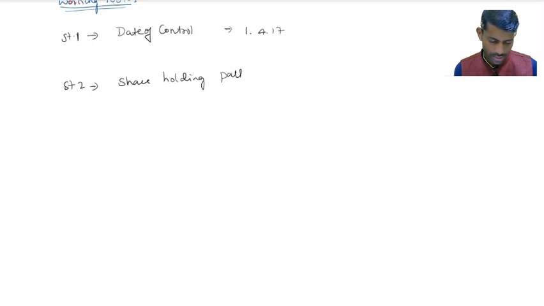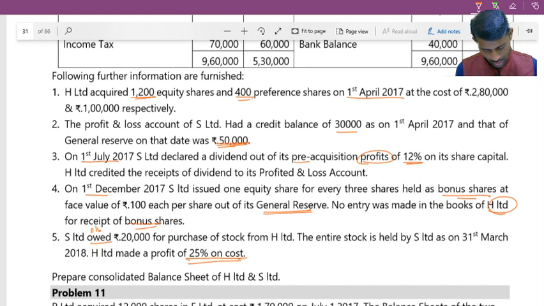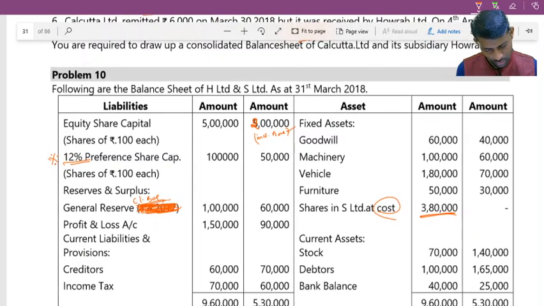Next, step 2, shareholding pattern, including bonus. So first is H Limited. I will change the names in the question: here change this into H Limited and S Limited.